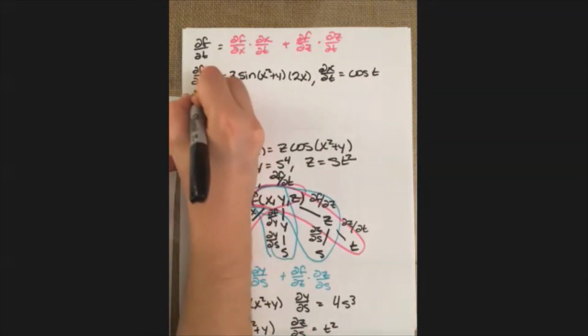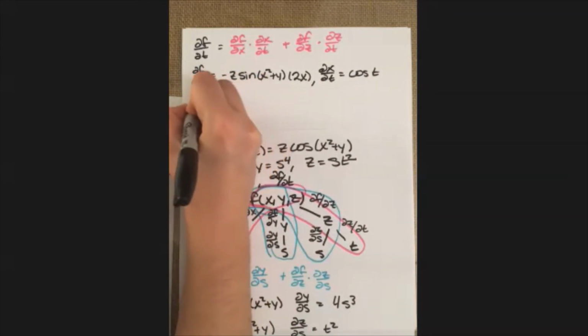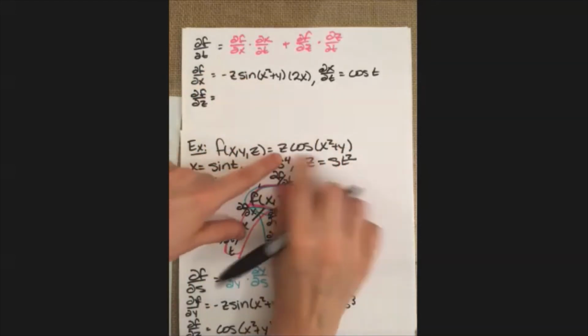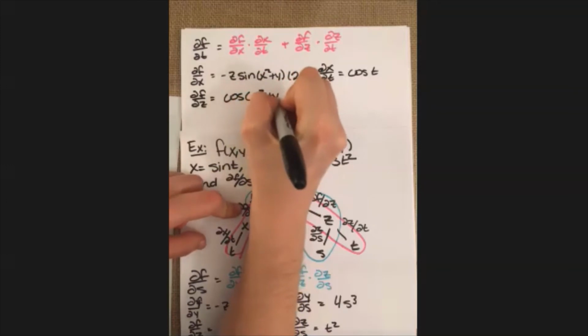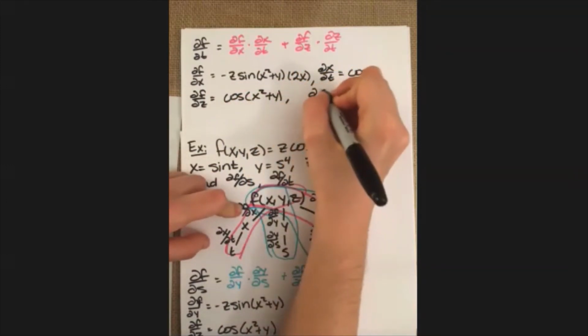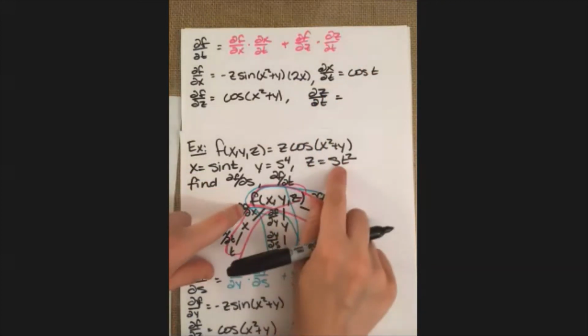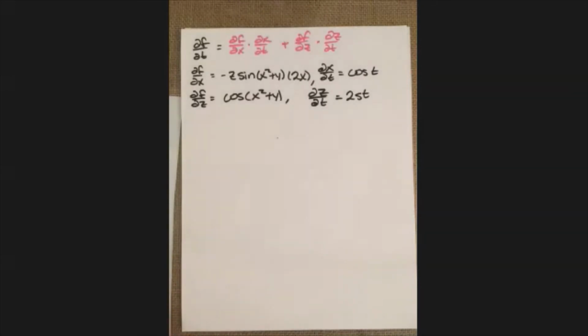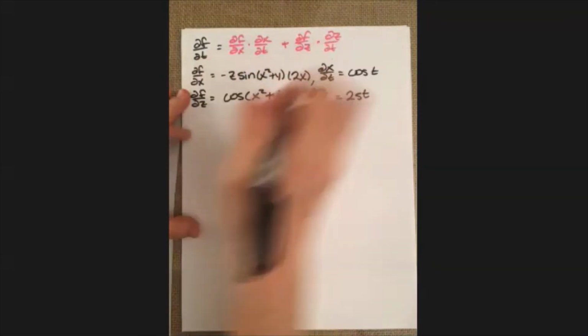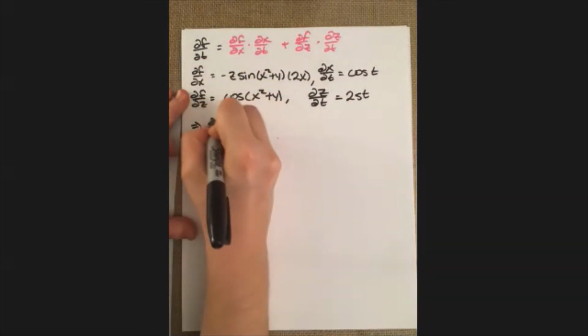And then I need partial of f with respect to z. Well, we already found that. We said that that was cosine of x squared plus y. And then now I need partial of z with respect to t this time, and that's going to give me 2st. Okay. So this is all the pieces that I need to be able to fill this out.